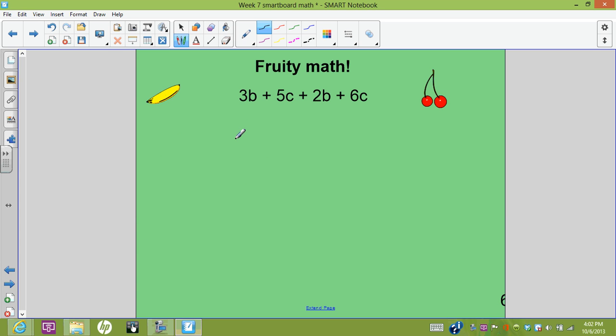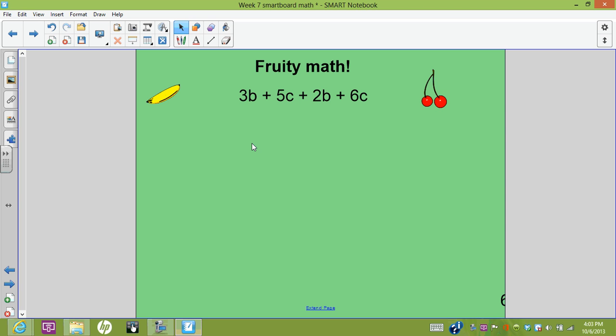Okay, so we're going to start out talking about fruity math, okay? Fruity math. I have a banana and I have cherries. And what do you think the B represents in this expression? Well, that represents the bananas. And the C represents the cherries.